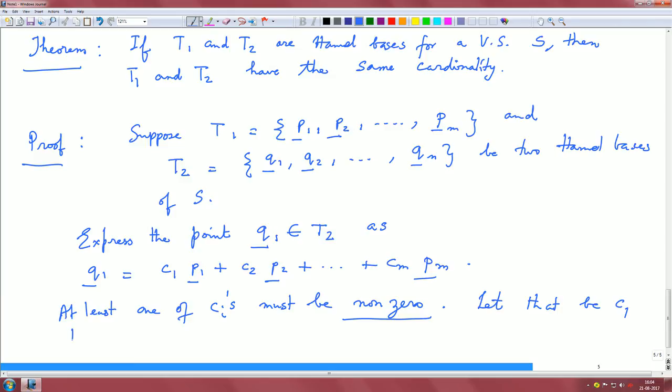So, now P1 is basically 1 over C1 times Q1, basically we are rearranging this in a different form, minus C2 P2 minus C3 P3 dot dot dot minus Cm Pm.